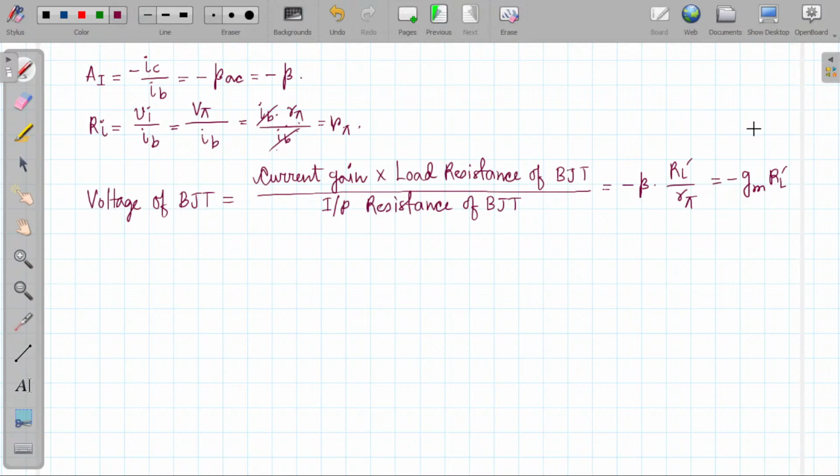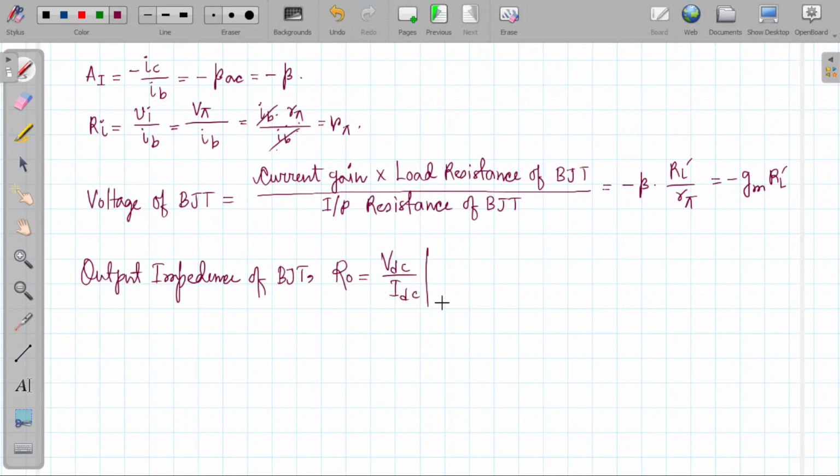Similarly, if we want to calculate the output impedance, let us first calculate the output impedance of the bipolar junction transistor. So output impedance is nothing but R0, and R0 is nothing but Vx by Ix at Vs equals 0. We have already seen that in the previous lectures.